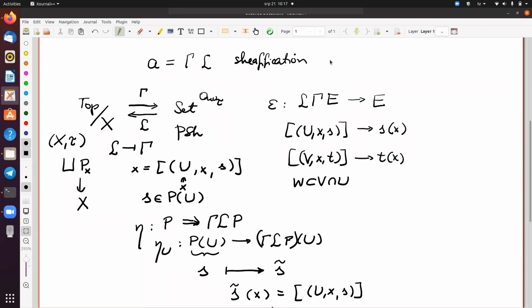You remember that if I had a cover U alpha of any open U, then sections over U are in one-one correspondence with families of sections over each of those, such that their restrictions agree on common intersections.